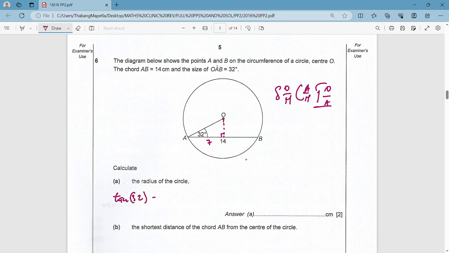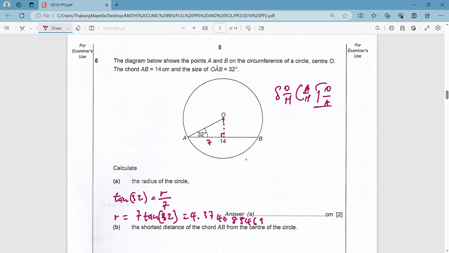tan 32 is equal to opposite, we don't know, it is the radius, over adjacent, which is 7. So you multiply that side, therefore R is equal to 7 tan 32. Punch it on the calculator: 7 times tan 32 is going to be 4.374085463.